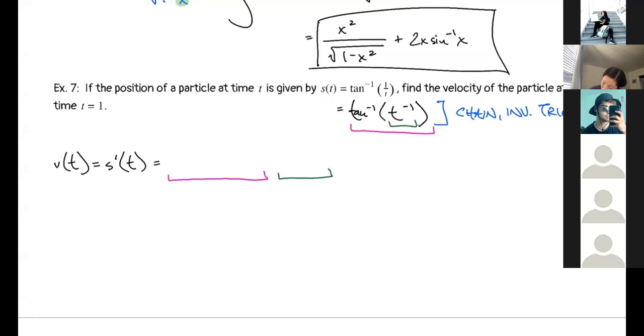All right, so the derivative of inverse tangent is 1 over 1 plus something squared. What goes inside that something?